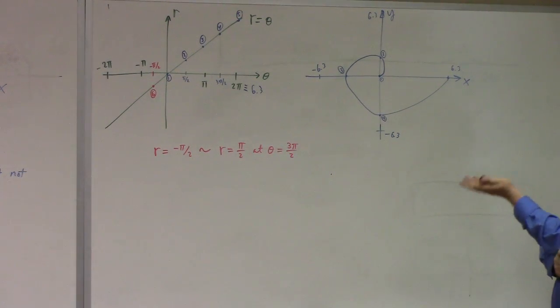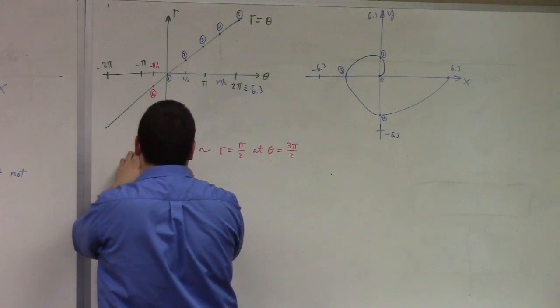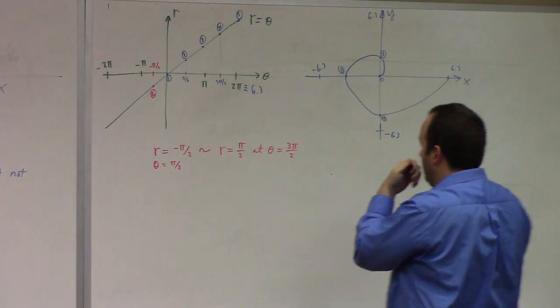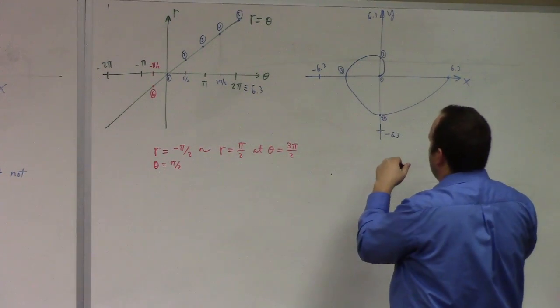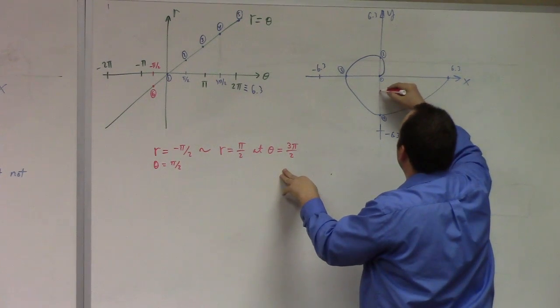That's the rule: if the radius is negative, then we take the standard angle and add pi. So r equals minus pi over 2 at theta equals minus pi over 2 is equivalent to positive radius pi over 2 at 3 pi over 2. So that would be this guy down here, right?